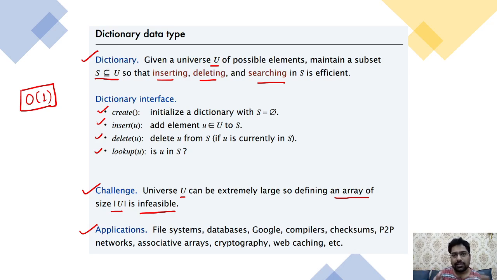So how do we hash, how do we store all the elements within this hash? This is our challenge. The universe means all the elements that we need to reduce to a particular array. That is our target. The array which contains all the universal elements or subset S is hashing, we can say. Clear?